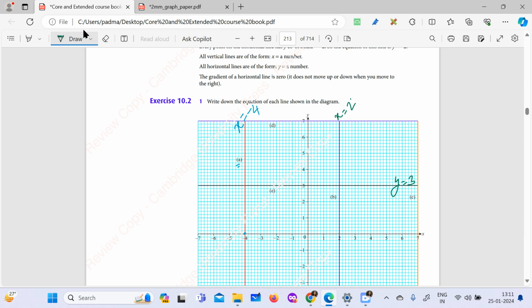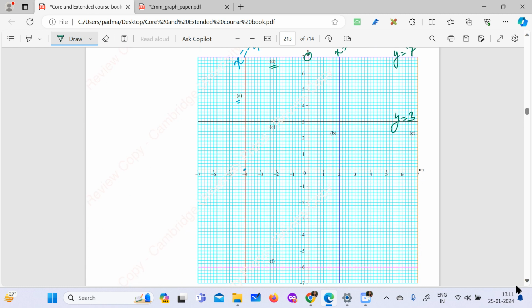Now you can see that this line, this is D. So where is it intersecting? You can see that this is intersecting at 7 on the y-axis. So we will say this is y is equal to 7. Now we'll go to the other part.